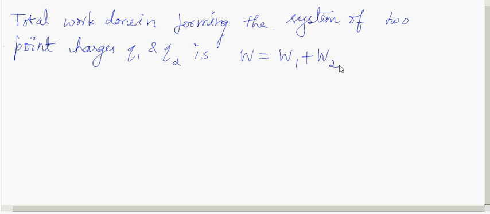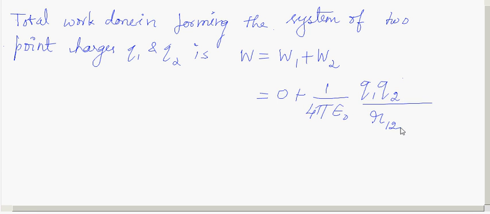We know W1 is 0, plus 1 by 4 pi epsilon naught into q1 q2 divided by R12.